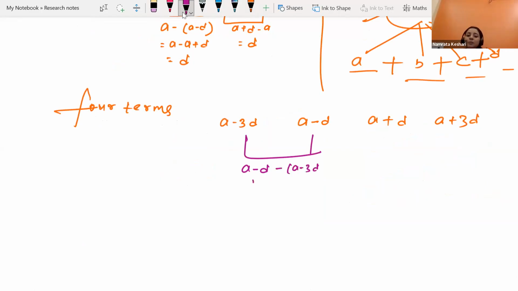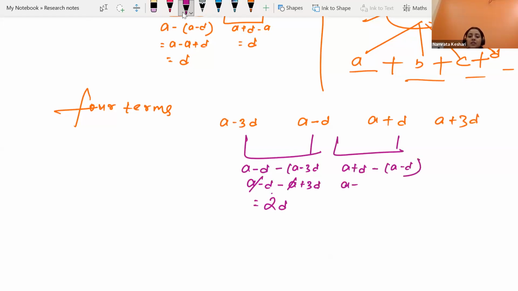When you open the bracket, it becomes minus A plus 3D, and the difference we get is minus D plus 3D, which is 2D. Here also, the third term minus the second term is A plus D minus (A minus D): A is gone, and we get 2D.